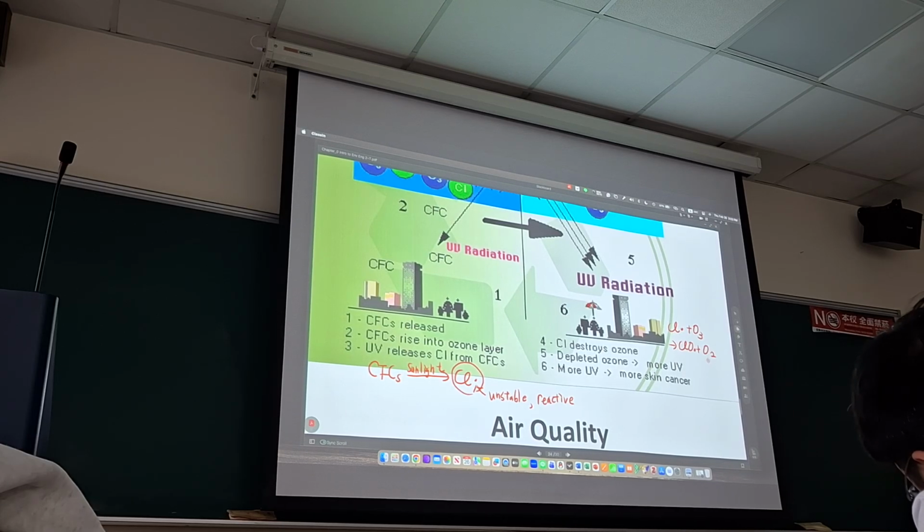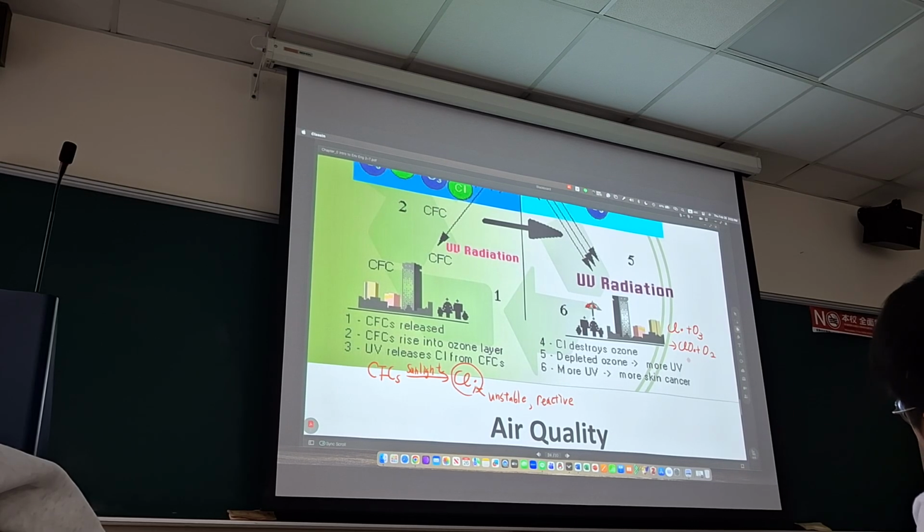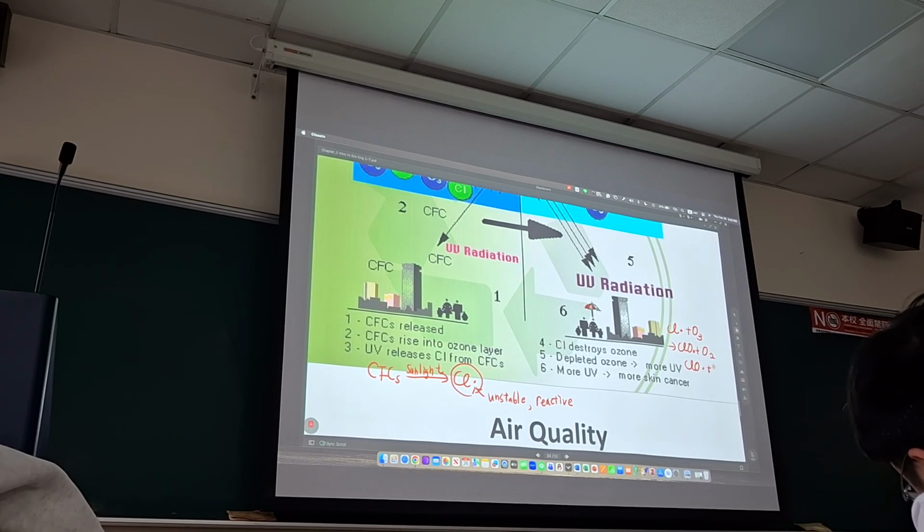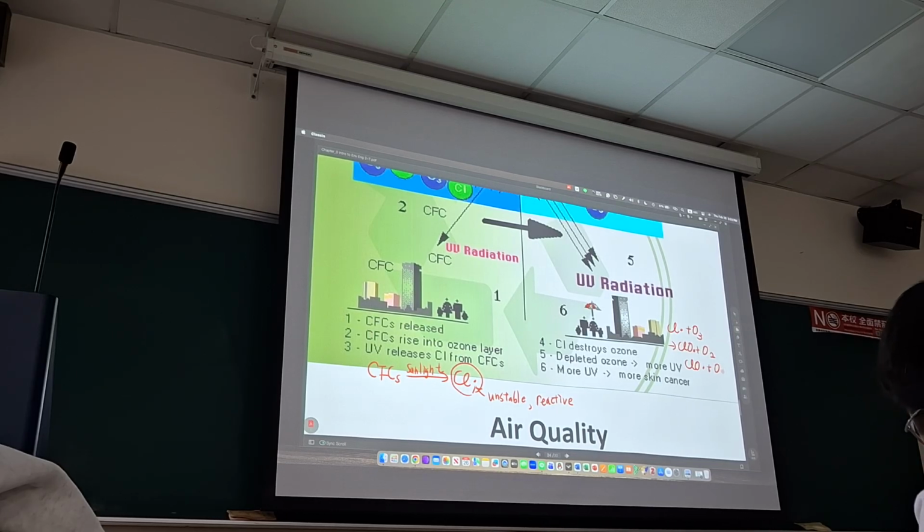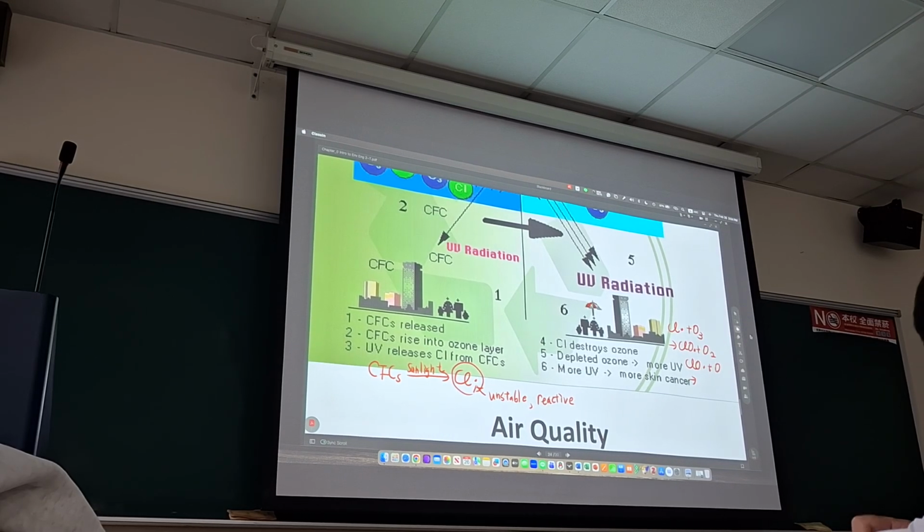And this ClO free radical will also react with an O, an oxygen atom.